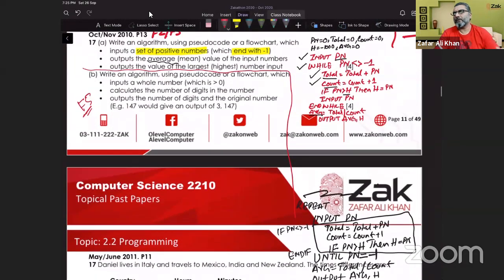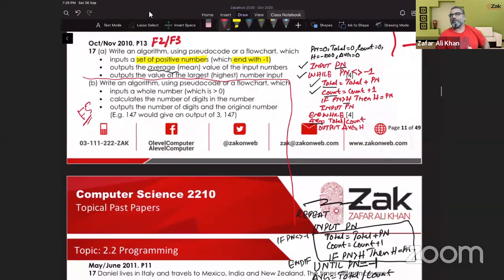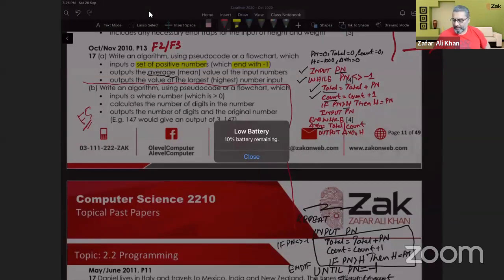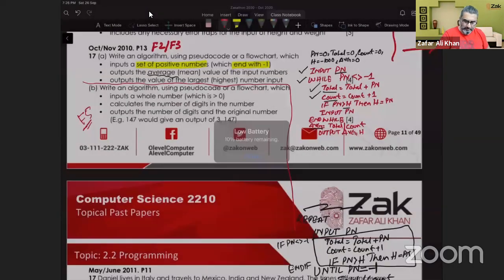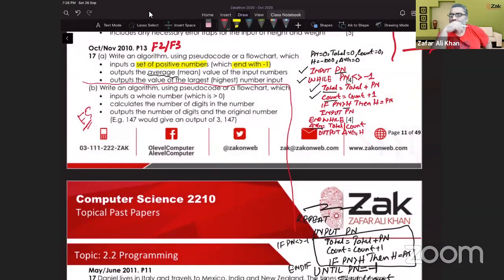This one. So it says write an algorithm using pseudocode or flowchart which inputs a whole number which is greater than 0.